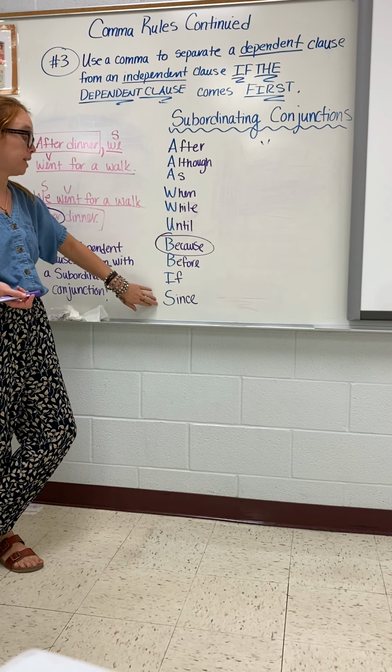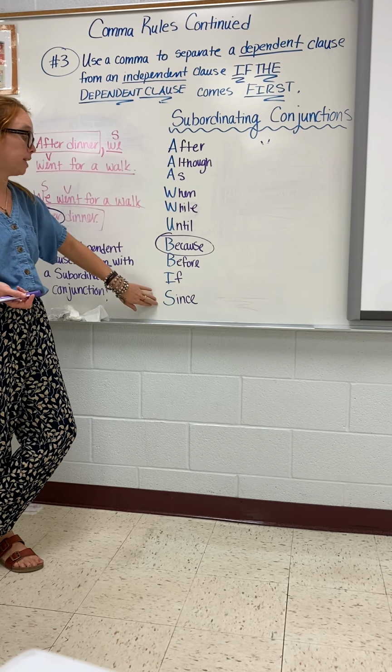If I have two independent clauses, I can separate them by a period, or I can separate them with a comma conjunction, right? Now you've learned if you have an independent clause before a dependent clause, you're not going to have a comma. However, if you have the dependent clause before the independent clause, you have to make sure that you put that comma there. All right? So, that is your third comma rule.